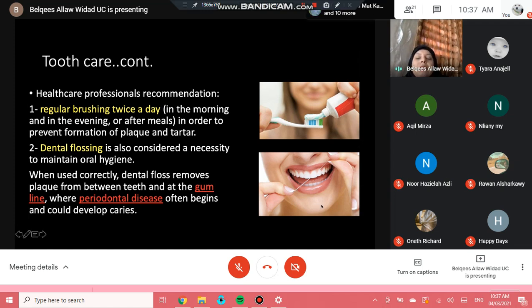This we treat with mouthwash or dental flossing, the important dental flossing, by the way, because it cleans between the teeth. The toothbrush cannot reach between the teeth, which have very tight contact. So only flossing can clean the teeth and avoid this bad smell.